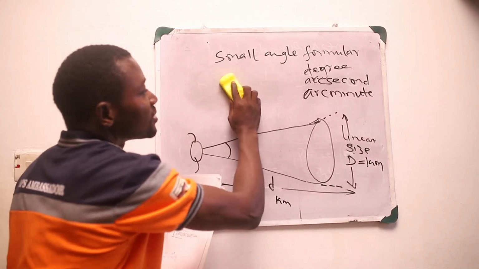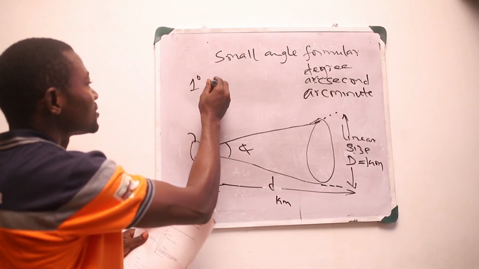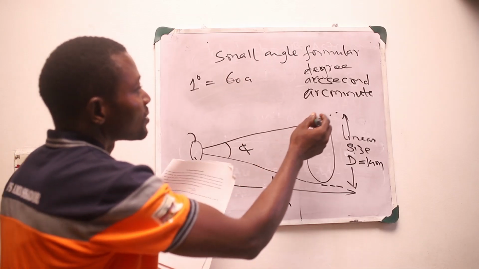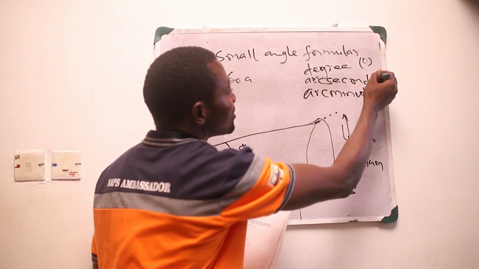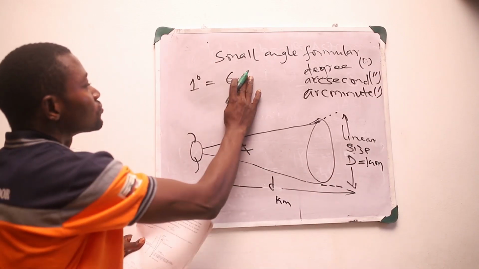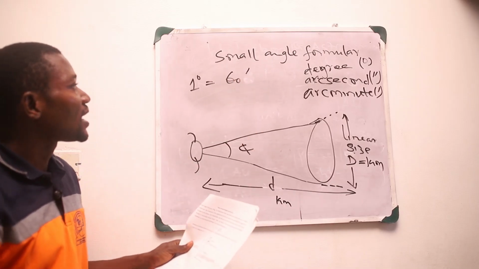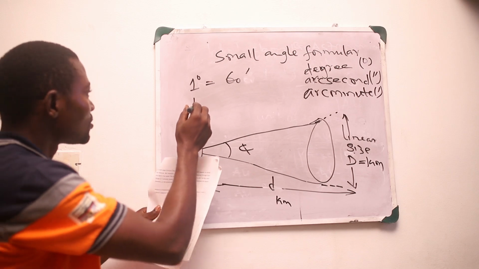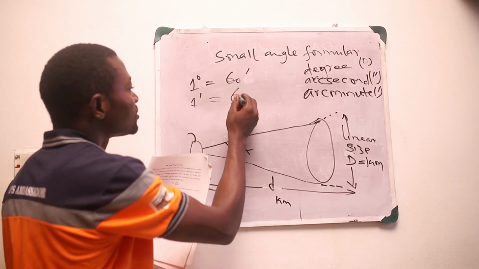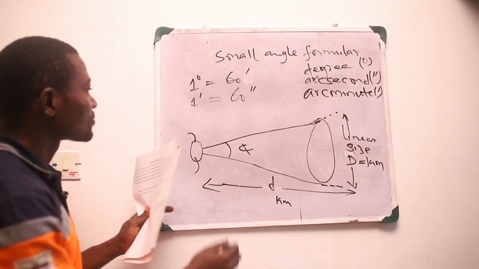And there is a relationship. Degree is represented in arc minutes, then arc seconds. So 1 degree is equal to 60 arc minutes. 1 arc minute is equal to 60 arc seconds.